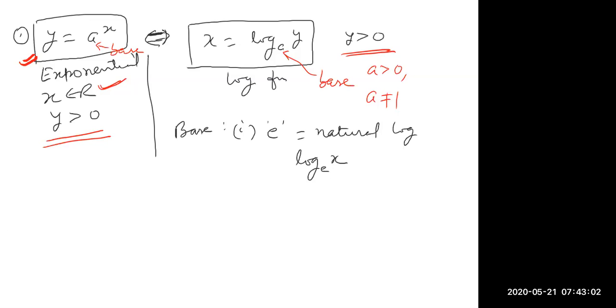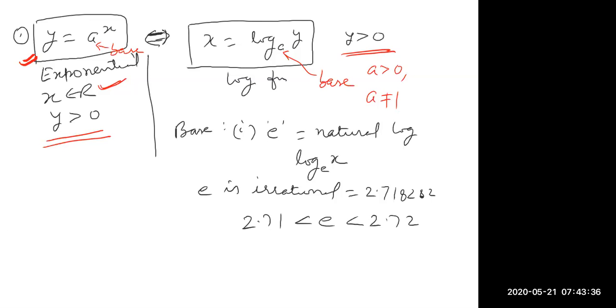The approximate value of e is irrational, like pi, and the approximate value is 2.718282. If you want, you can write so many digits because it is an irrational number. So we take e as a number greater than 2.71 and less than 2.72.